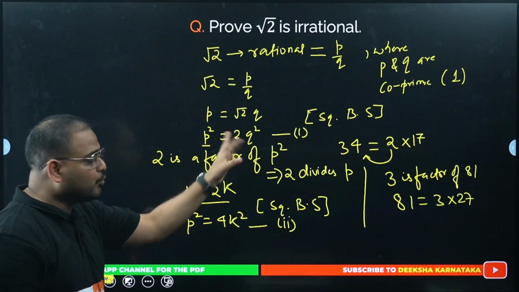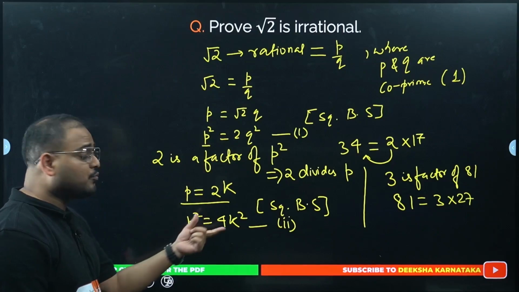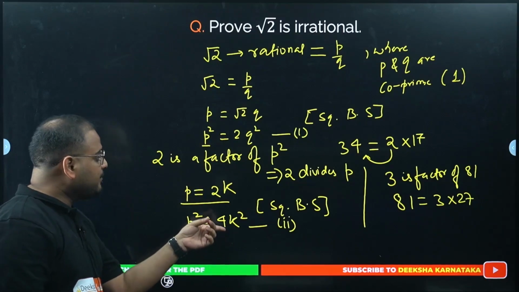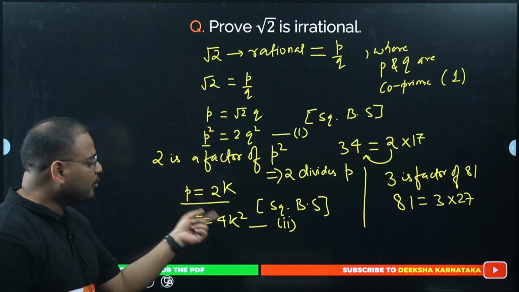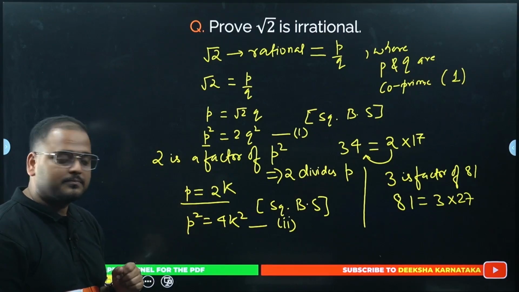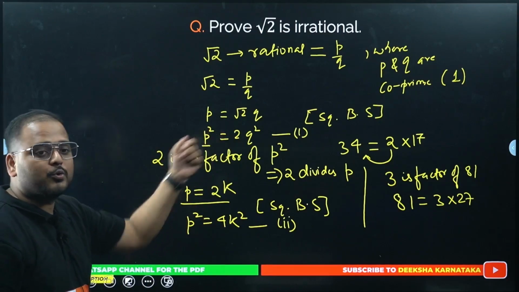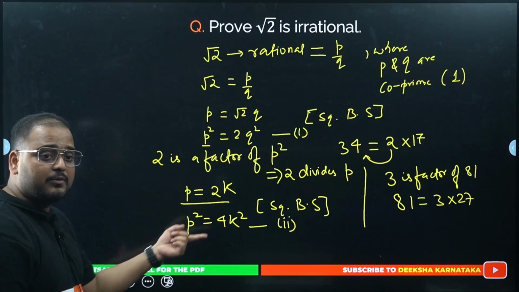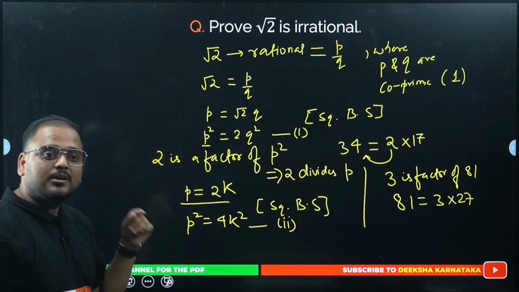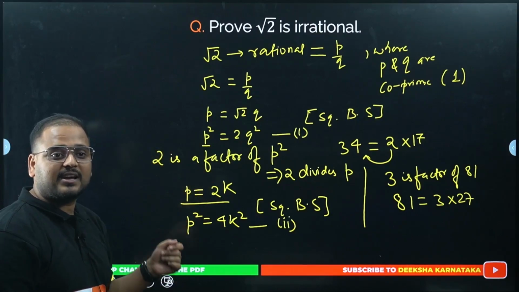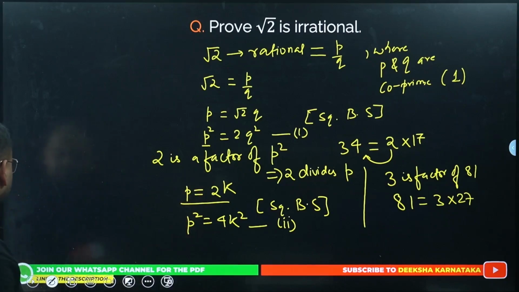That p square equals 2q square, and over here p square equals 4k square. It means 2q square and 4k square are equal to each other. Correct? If p square is equal to 2q square and p square equals 4k square, those two terms on the RHS are also equal.